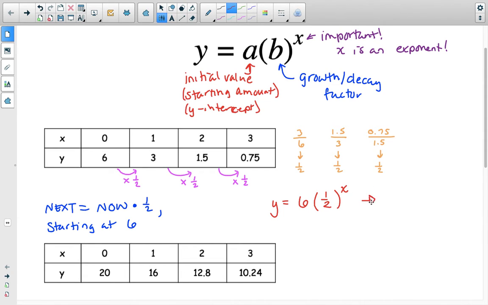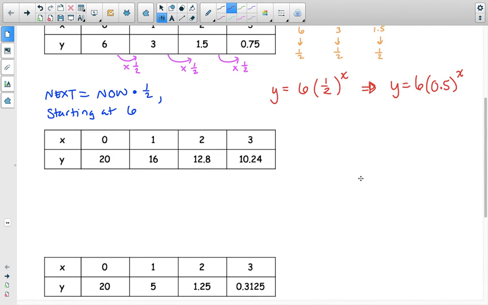We could also see this as a decimal: y equals 6 times 0.5 raised to the power of x. And now you can easily see that 0.5 is smaller than 1. So that tells us that it is in fact a decay factor. It is an exponential decay.